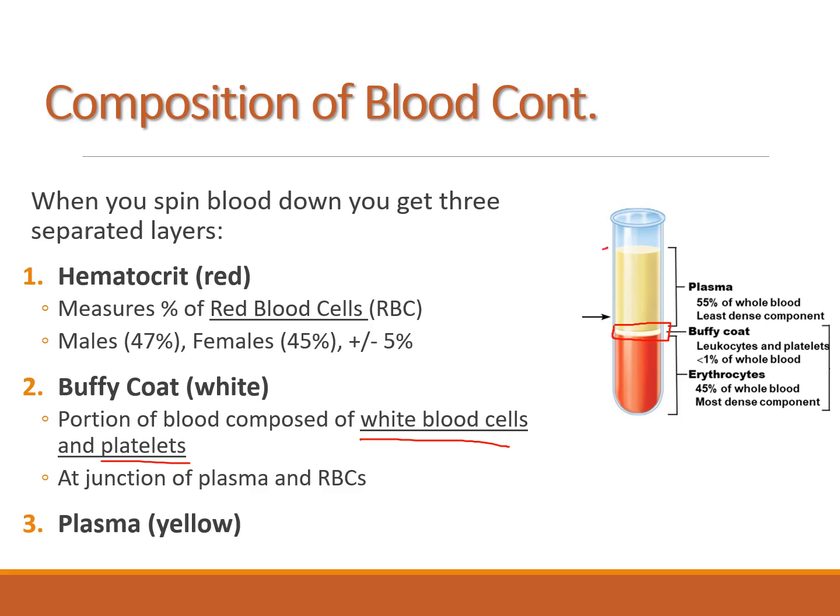Then the rest of it is the plasma. The majority of blood is plasma, about 55% of the whole blood. But it's the least dense of the products in the blood, so it's going to be at the top.